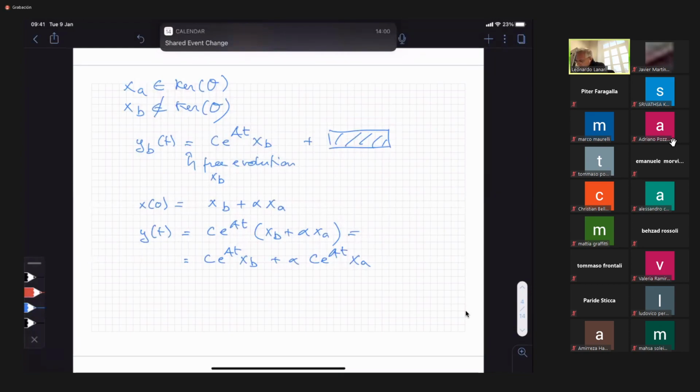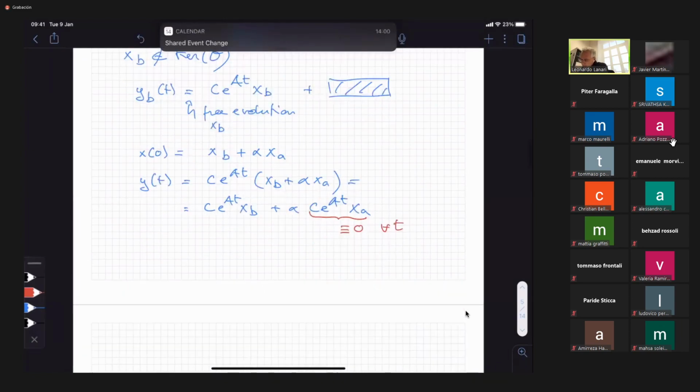And we saw that any unobservable state is such that this is identically 0 for any t. So we are saying that any initial state composed of an observable state plus an unobservable state, or a linear combination of unobservable states, would give exactly the same contribution in the free evolution.